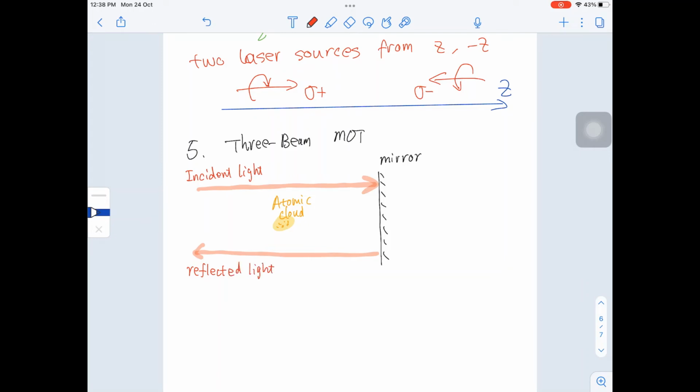Now I will draw the vectors. Let's say it's rotated this way.